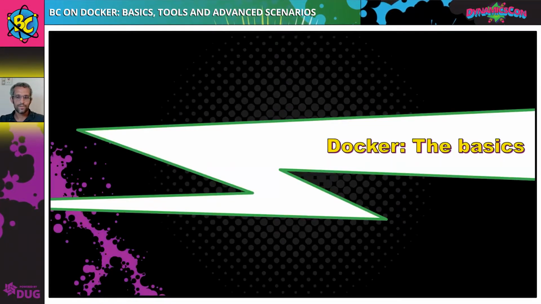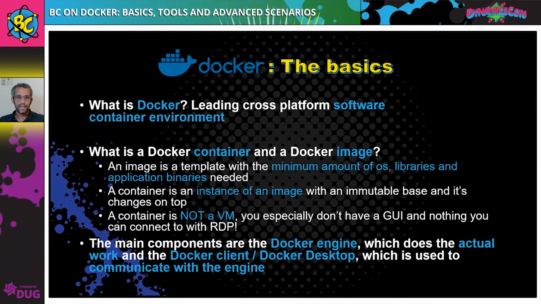So let's get started with the absolute basics. This is intended for people who have never seen Docker or who have just started but don't really have an idea of the concepts. Docker is the leading cross-platform software container environment. That means it's a way to put your software that you want to deliver into a package and deliver this to customers.